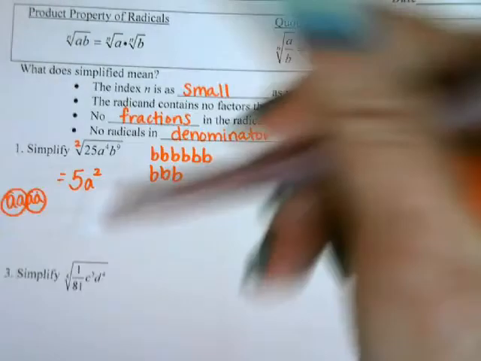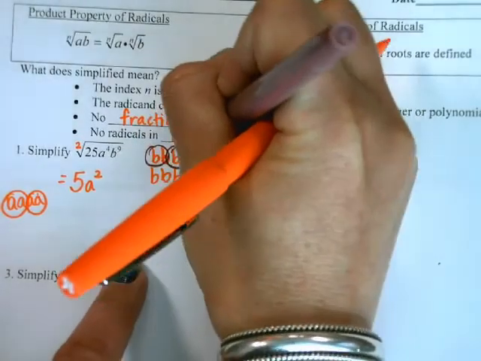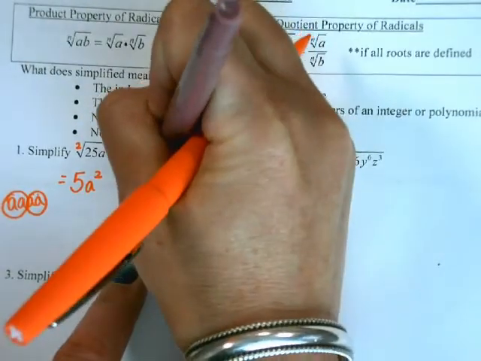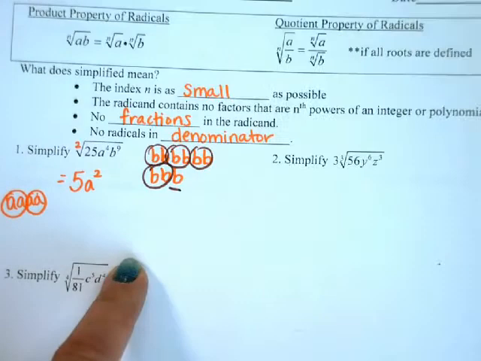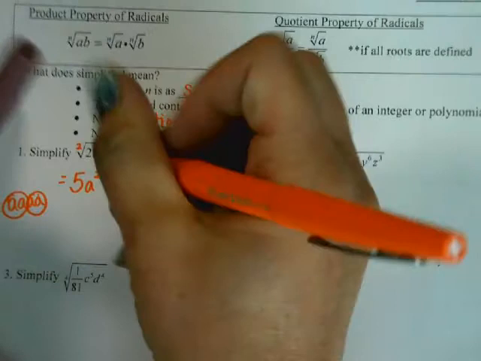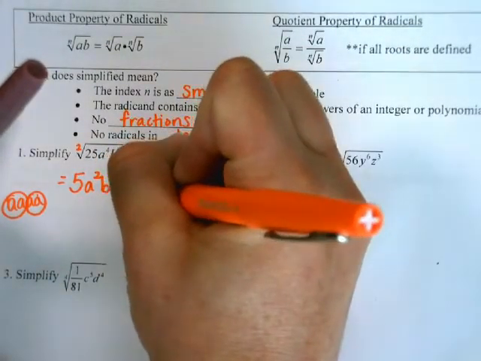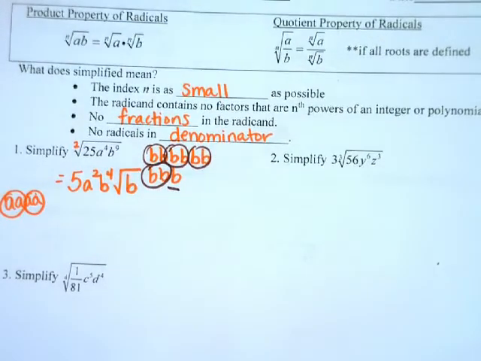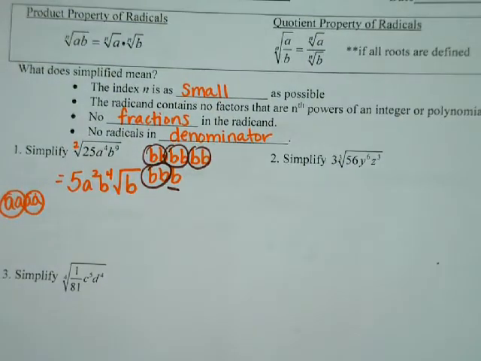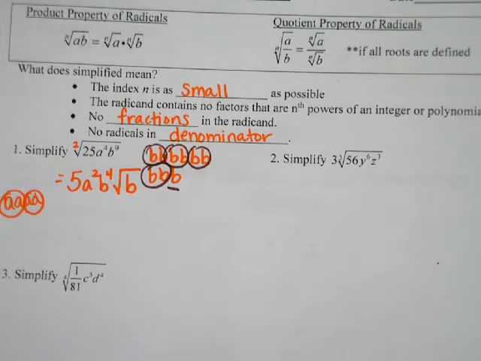I'm going to put them in groups of 2. 1 group, 2 groups, 3 groups, 4 groups. That guy is left over. So I have 4 groups of b's that get to come out, but one poor lonesome b has to stay inside the radical. So essentially you're finding the next smallest number divisible by 2, right? It would be 8, and there was 1 left over.